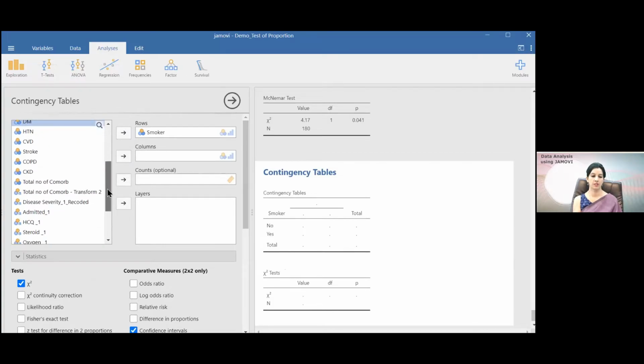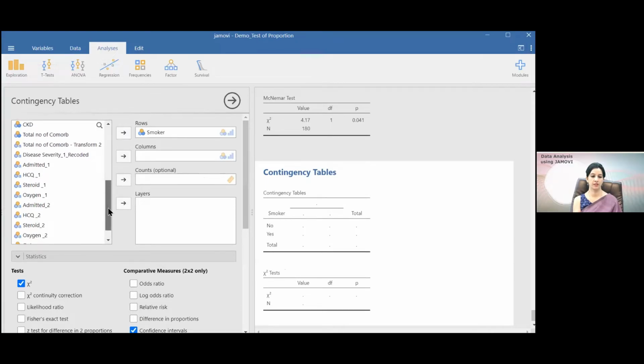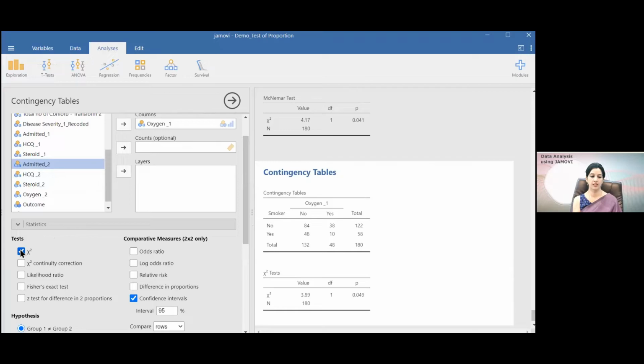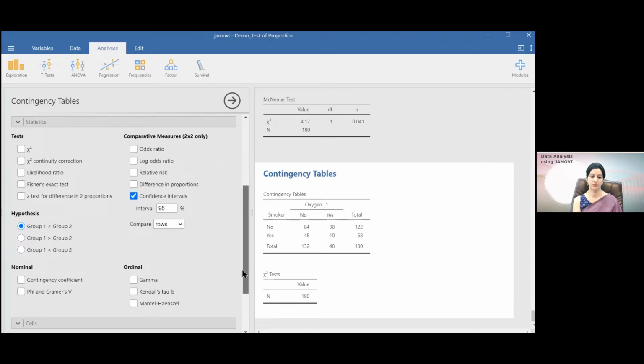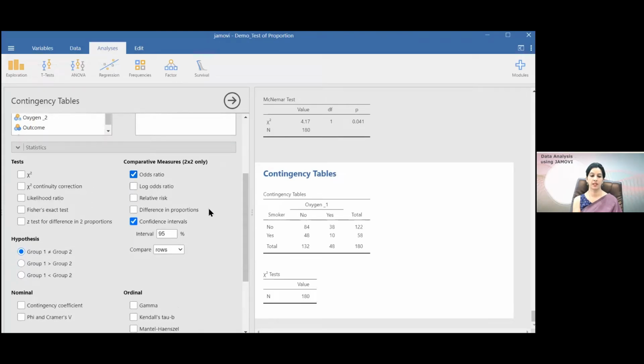So oxygen requirement, severity, oxygen 1. So this is oxygen 1. Uncheck this chi-square. Then you can click this odds ratio.